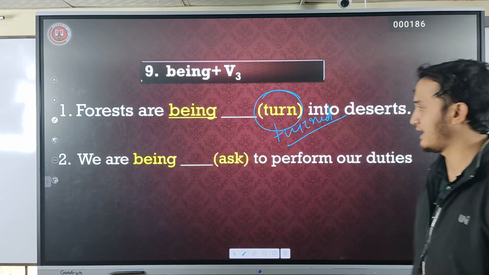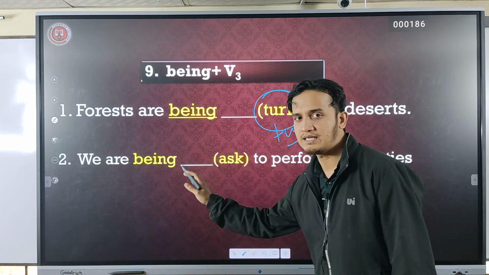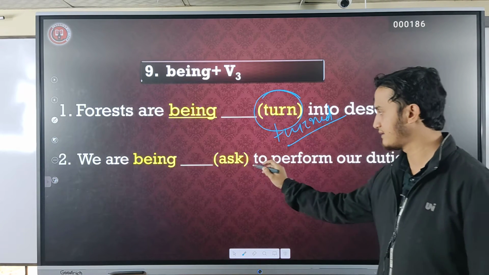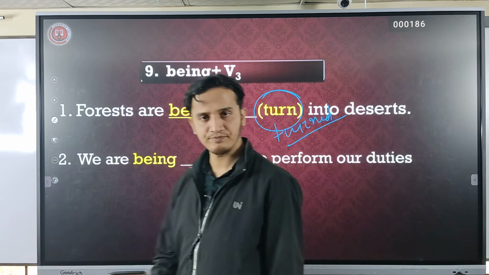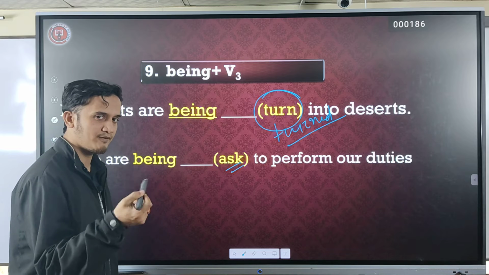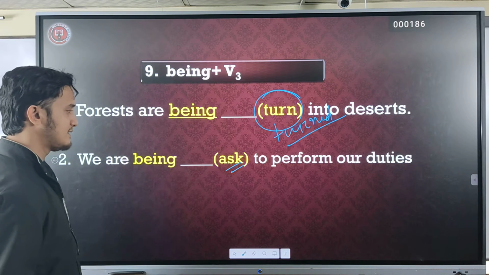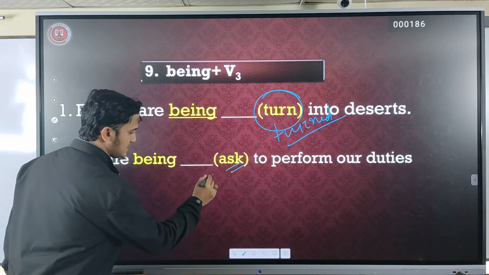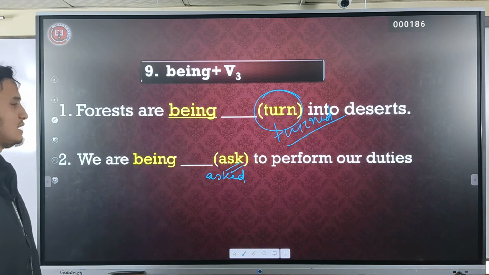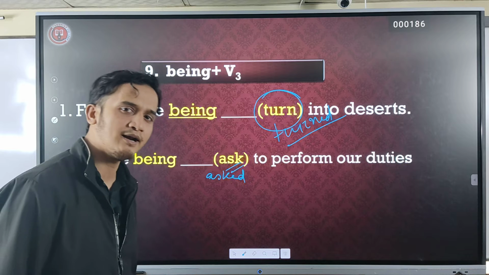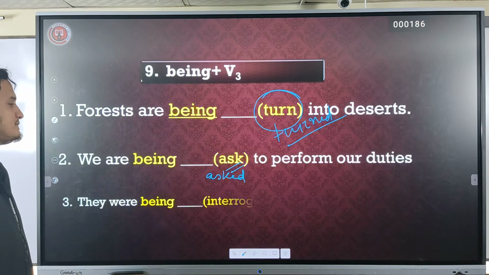Another example for you again. We are being. The word in the bracket is given in the base form. We have to transform it into which form? You know it already. That is the past participle form. We must write asked. We are being asked to perform our duties.